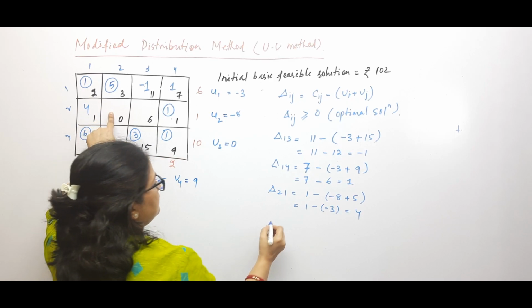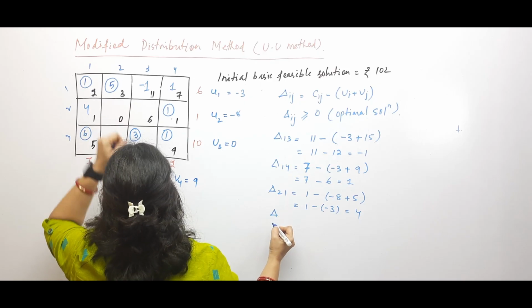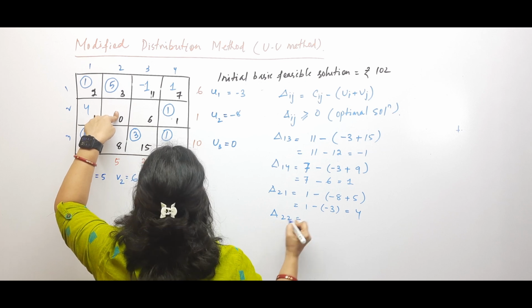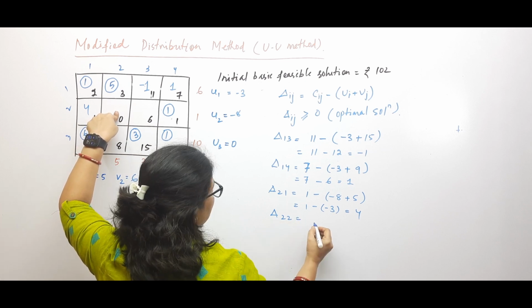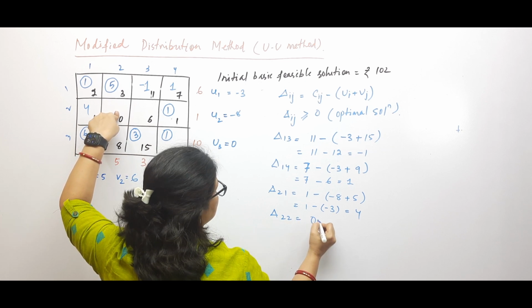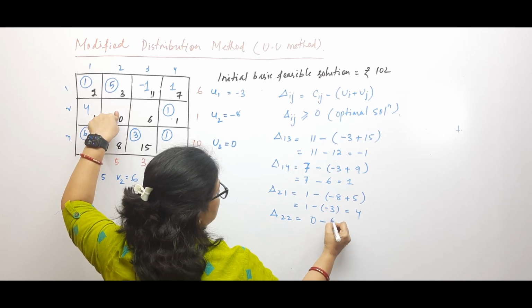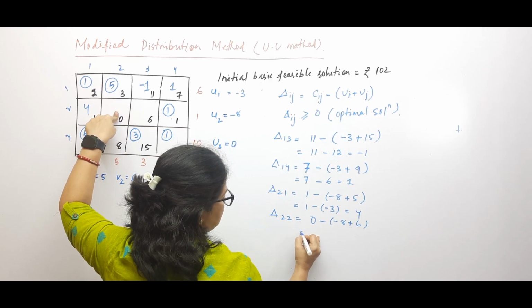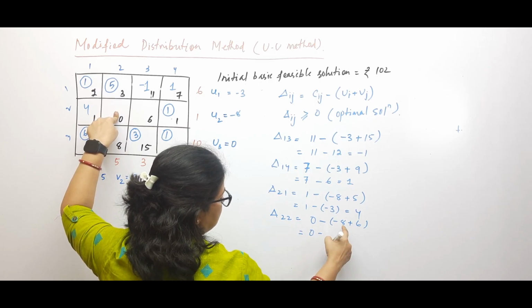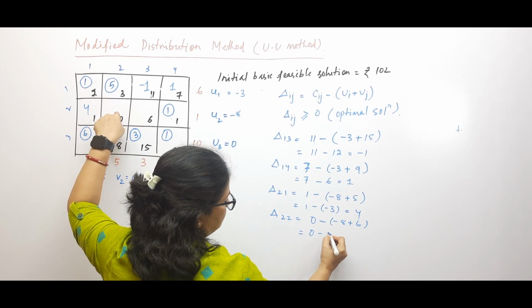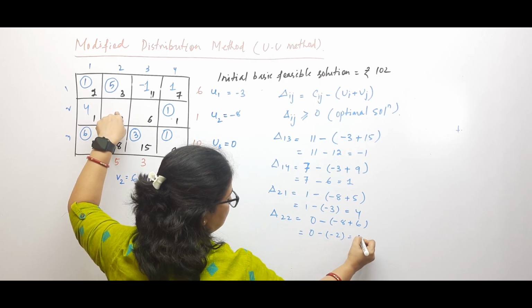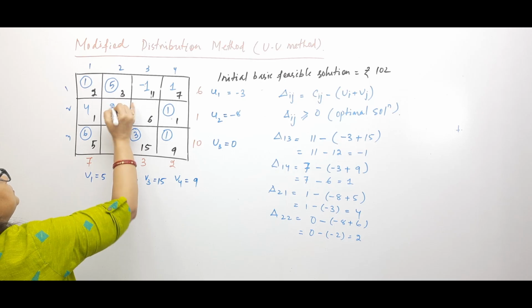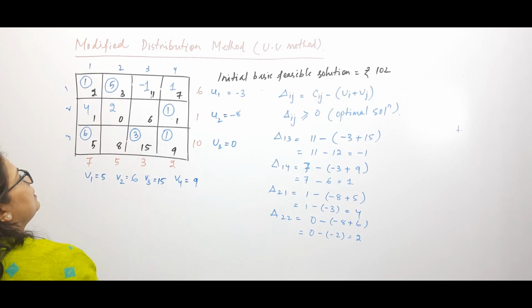This is delta 2 2, which is equal to 0 minus 8 plus 6, which is equal to 0 minus, this is minus 2, which is equal to 2. Here I have written 2.